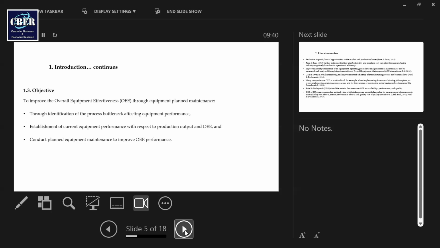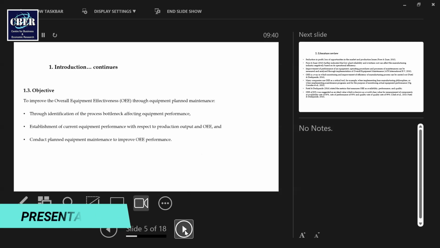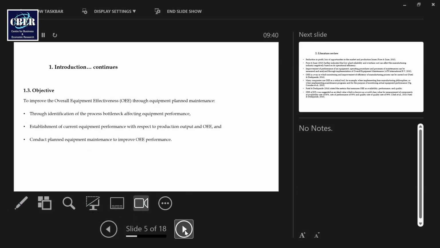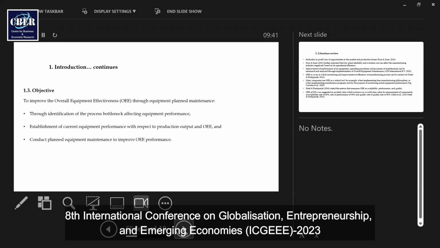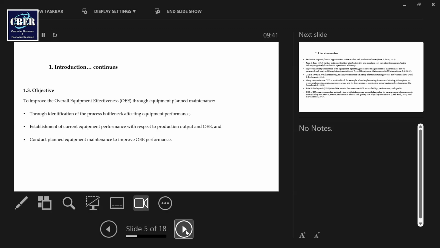So in terms of the overall presentation, we are looking at overall equipment effectiveness through planned maintenance. This was being achieved through identification of why we had some equipment failure. Secondly, the specific objective was to establish an understanding of where the current plant is performing in terms of overall equipment effectiveness together with production rate or output.